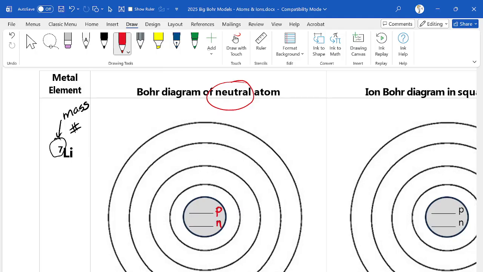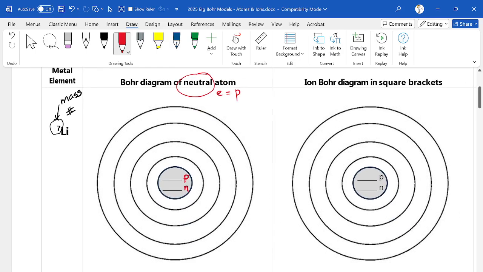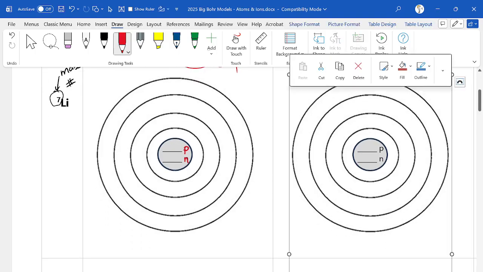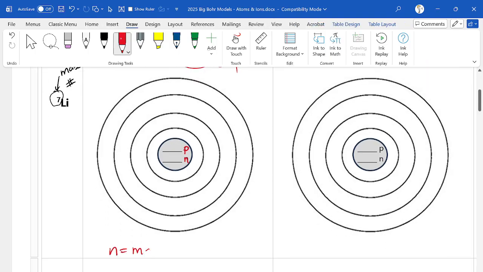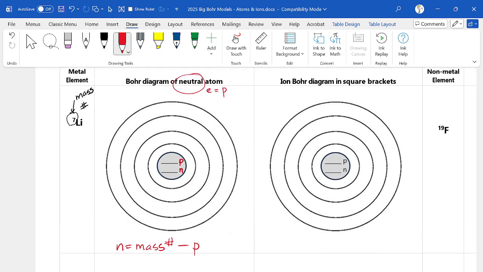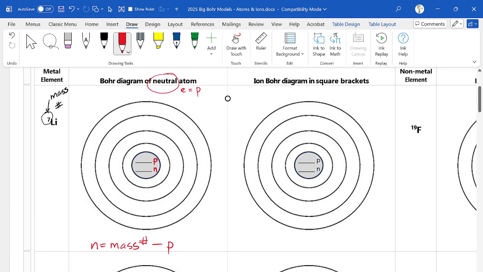In a neutral atom, what do you know about the electrons and protons? Yeah, the electrons equal the protons. The neutrons equal the mass number minus the protons. Then you're going to redraw it as an ion, in square brackets with the charge. 7 minus 3.